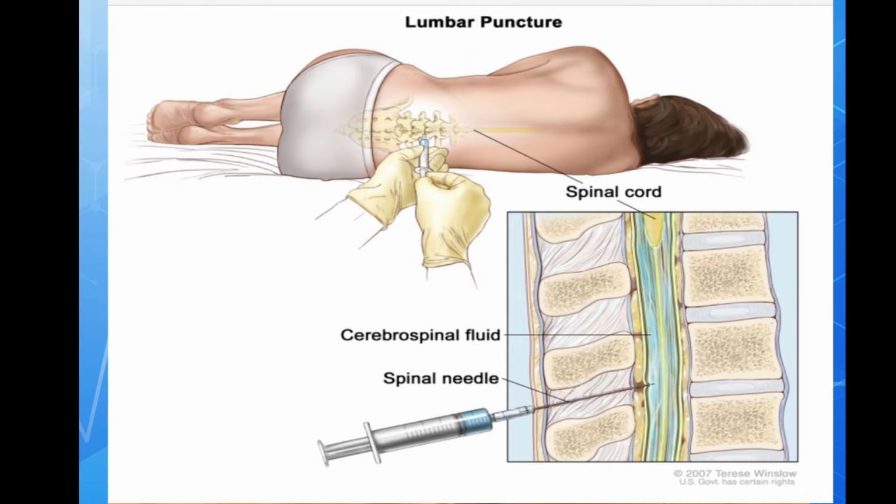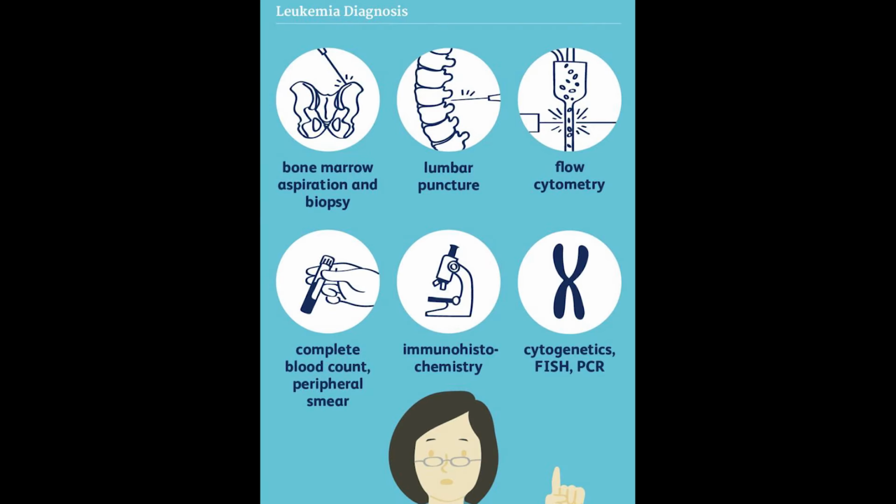By taking that fluid, again pathologists look under microscope to see whether any blood cancer cells or blast cells are in the CSF. So by doing all these tests, doctor will understand what type of leukemia and what is the grade of leukemia. That will tell us how we should treat leukemia in children.